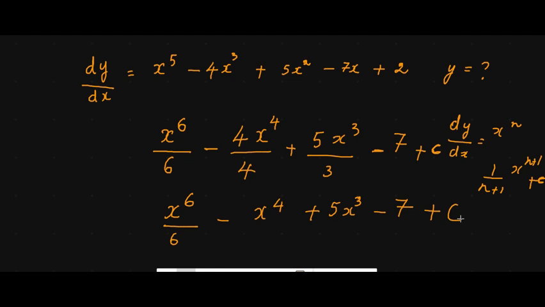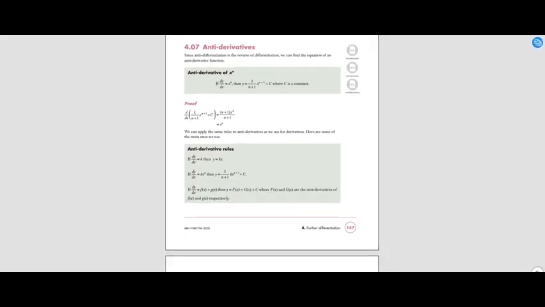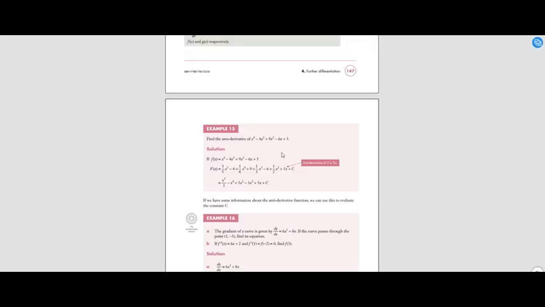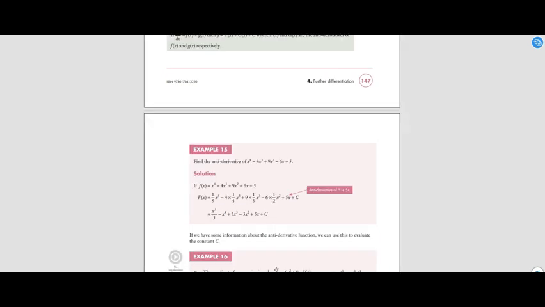Now I'll refer to the book also, just for you to understand how things are done. This is one example, I just made it up. In the book you have another one: x to the power of 4 minus 4x cubed plus 9x squared minus 6x plus 5, right? So that's the function, and you've got to find the antiderivative.